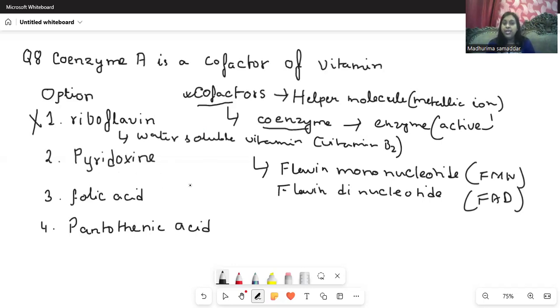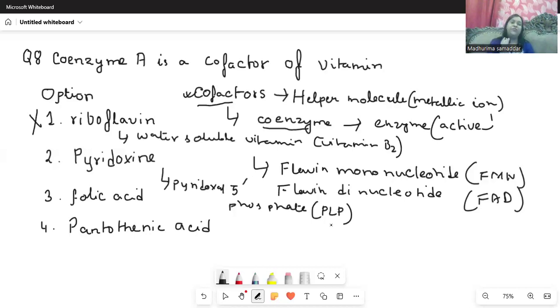The primary coenzyme form of pyridoxine is pyridoxal 5' phosphate, or you can write it as PLP. It is a very important cofactor derived from pyridoxine, which binds with around 100 different enzymes required for many major metabolic pathways like amino acid metabolism and glycogenolysis.